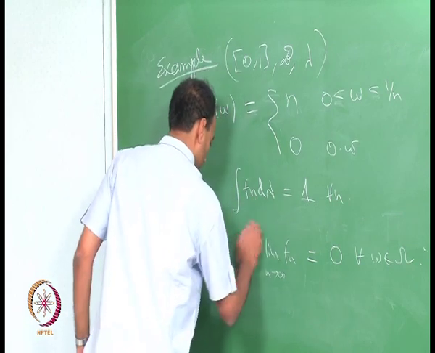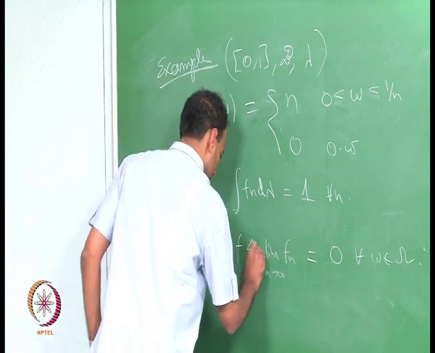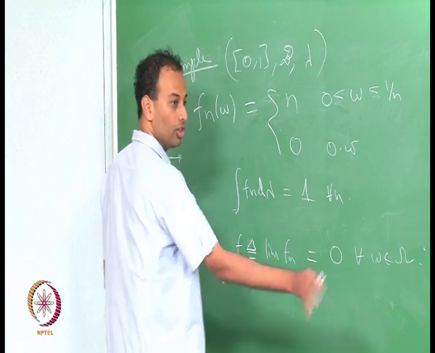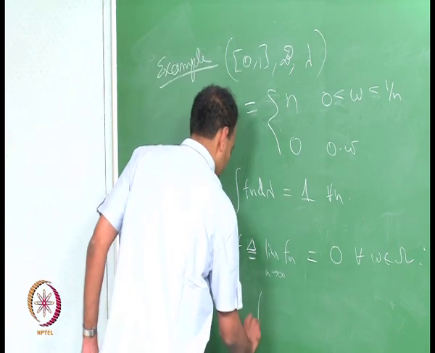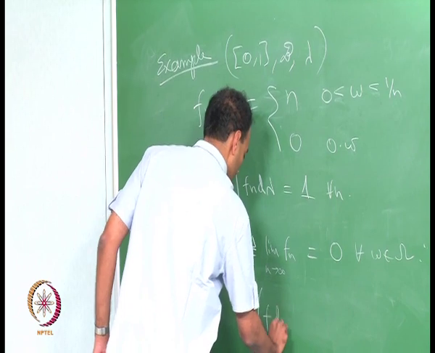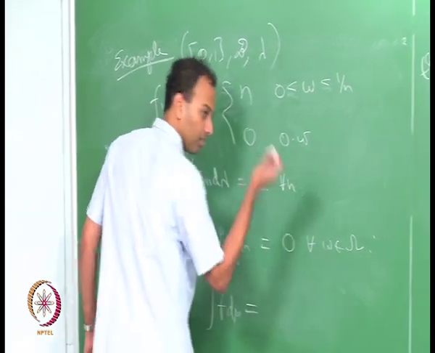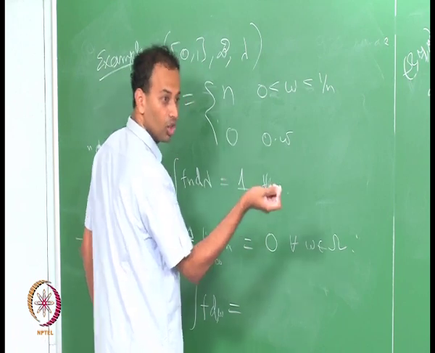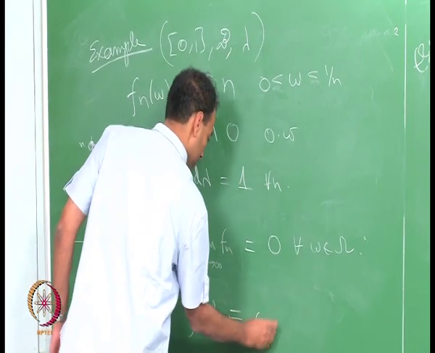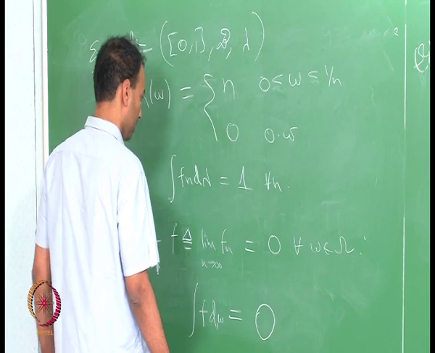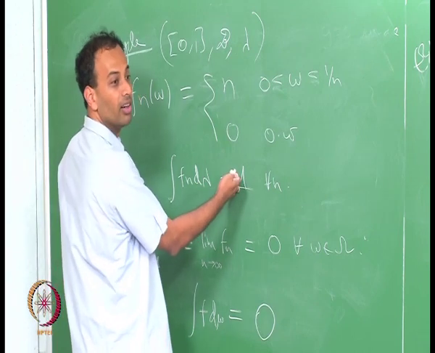So, if I look at f defined as limit of f_n, this is 0 for all omega, and the integral of f d mu will be equal to 0, right, and this is not equal to 1.